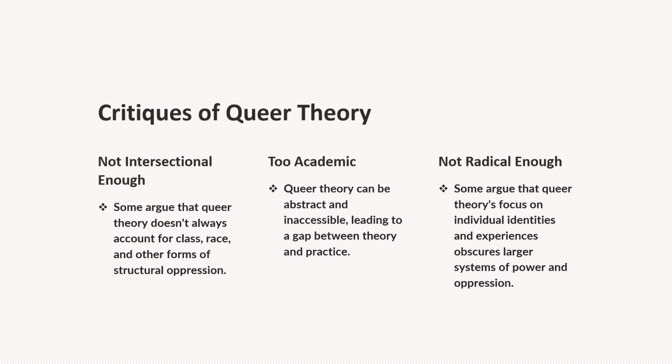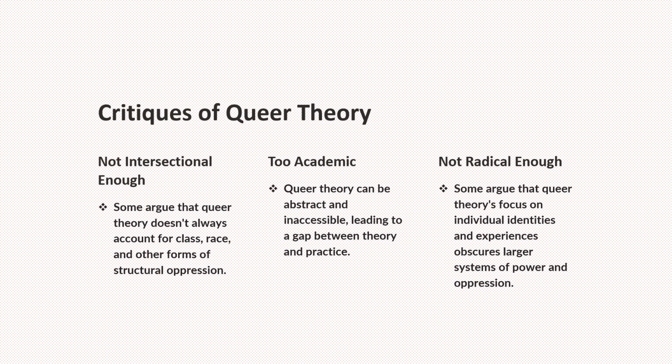And in some cases, this queer theory is too academic and rests only in textbooks now, and is not radical enough. Some argue that queer theory's focus on individual identities and experiences obscures larger systems of power and oppression.